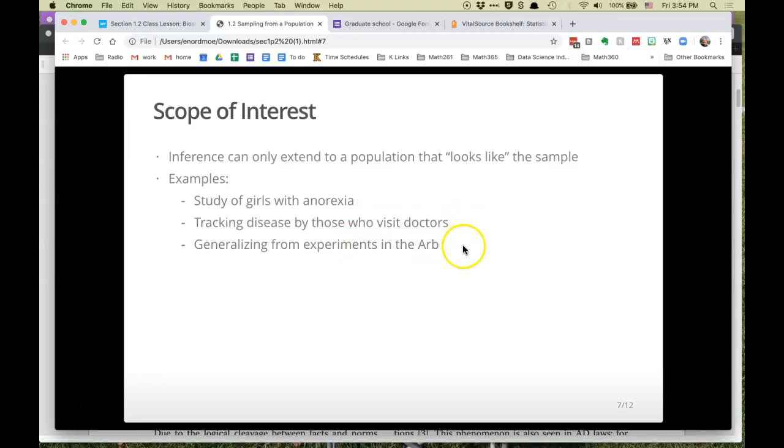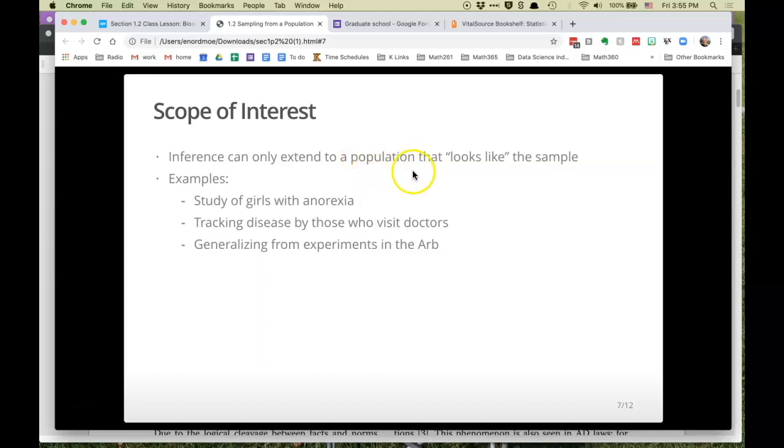If we want to generalize from experiments in the ARB, the Lillian Anderson Arboretum, we can generalize probably as far as the populations of plants that are represented at the ARB. There may be regional differences or differences specific to the topology or terrain environment of the ARB, and that might limit our ability to generalize beyond the particular sample that we have.